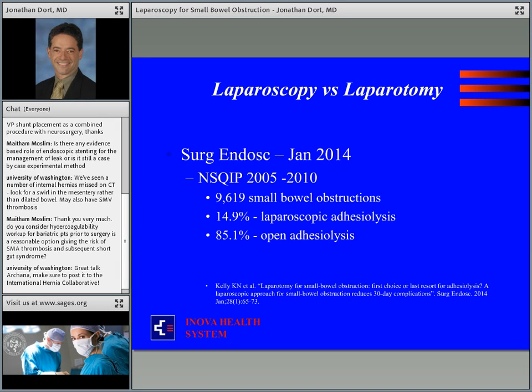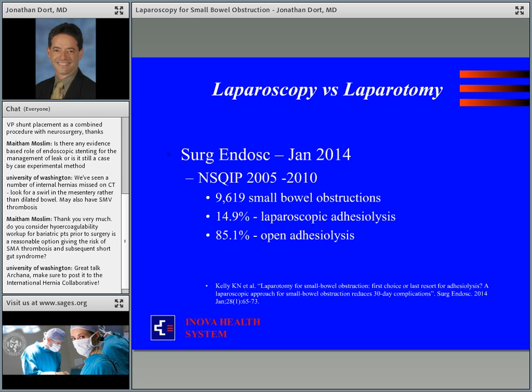So even in the last part of last decade, you can see that although it is an accepted approach, there is still quite a slow adaptation to move to a fully standardized laparoscopic approach, certainly much slower than many other diseases that we treat laparoscopically.